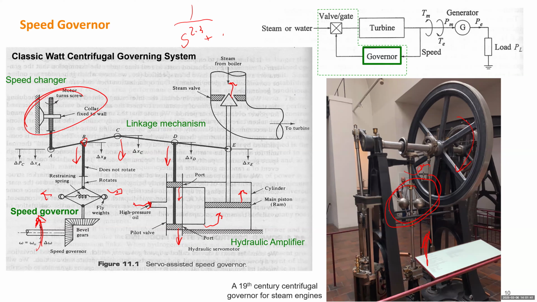In this figure, there's a motor turn screw, which means you can use that motor to move that screw up and down. If you move it down, that pushes all the points A, B, C, D, E down, which allows the 2 flyweights to separate more. This means the entire system will operate at higher speed.